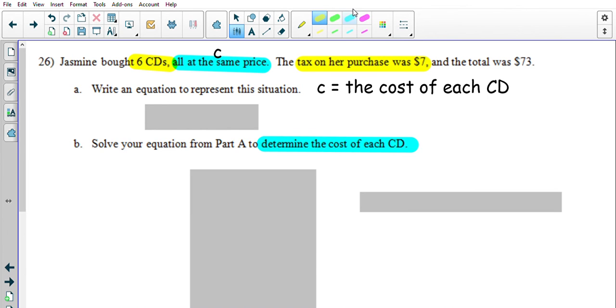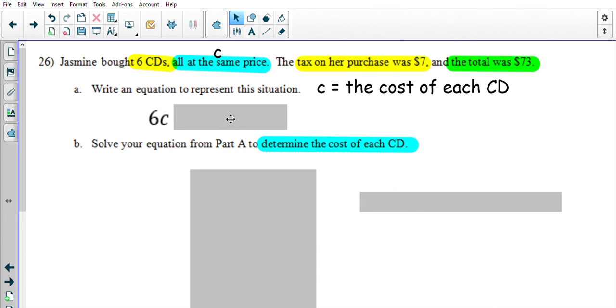The total was $73. So we're going to set this equal to 73. So we have to figure out which number the C goes with. Well, if C represents the cost of each CD and she bought 6 of them, why not write 6C plus the tax that she spent, set it equal to the total amount that she spent, which was $73.